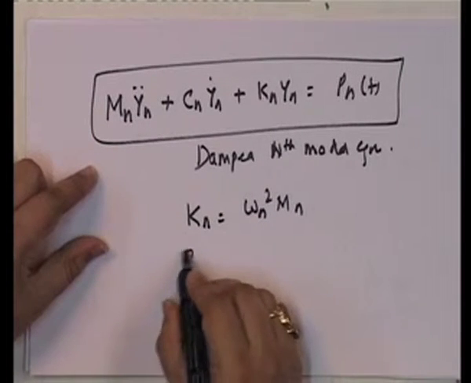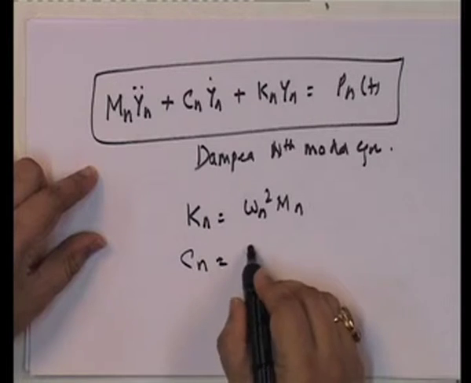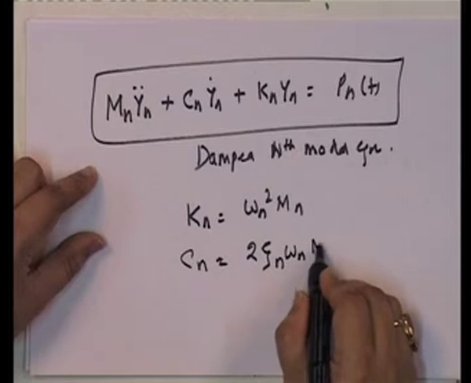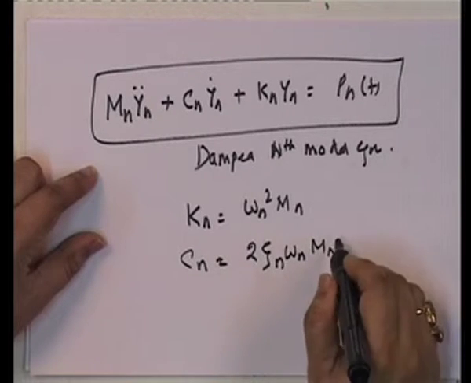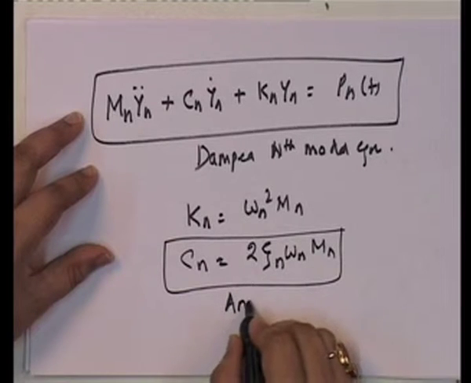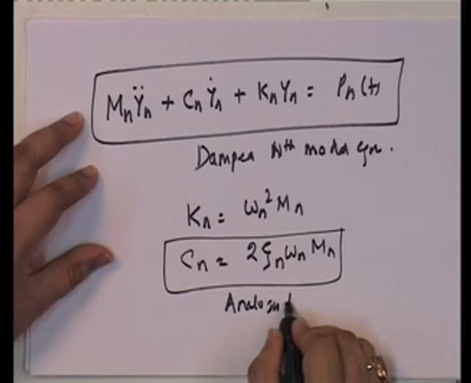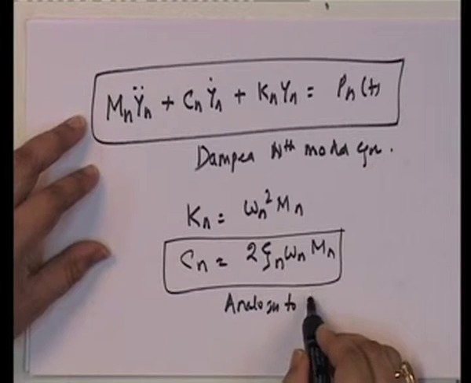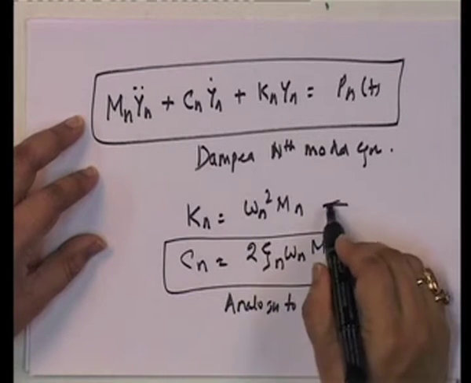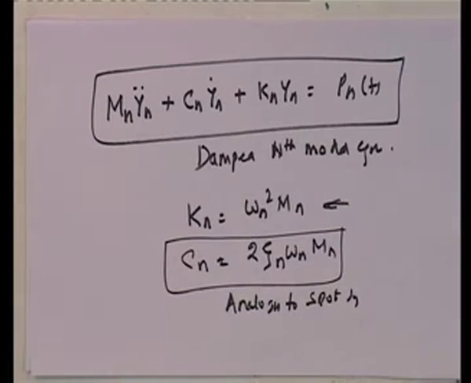So, therefore, we should say that Cn is equal to 2 xi n omega n Mn, in analogy to the single degree of freedom system, because this is still the single degree of freedom. So, all that we say is that Cn could be this.